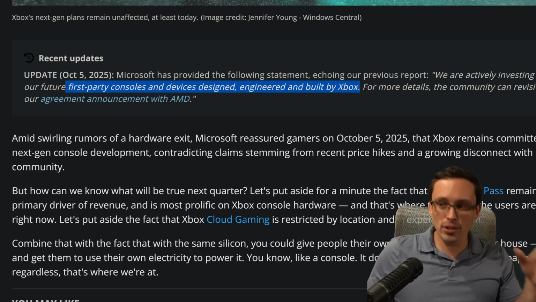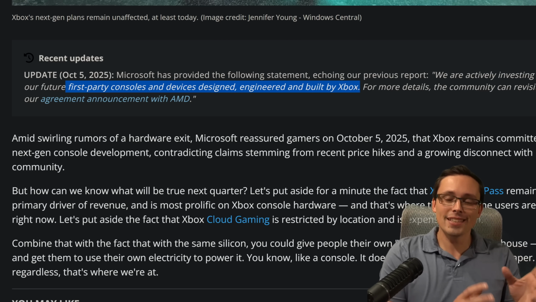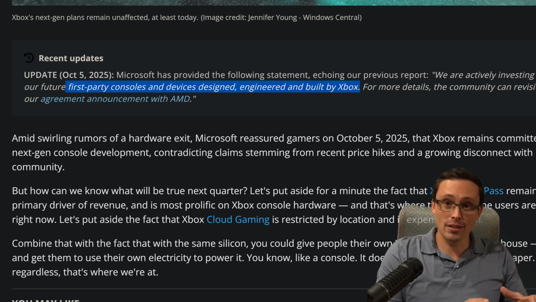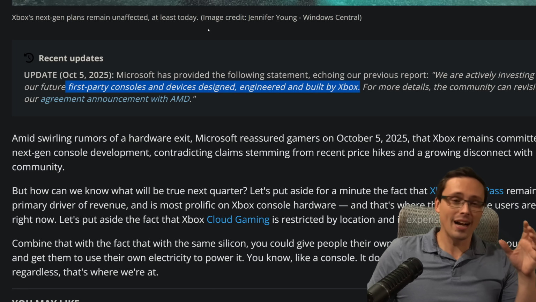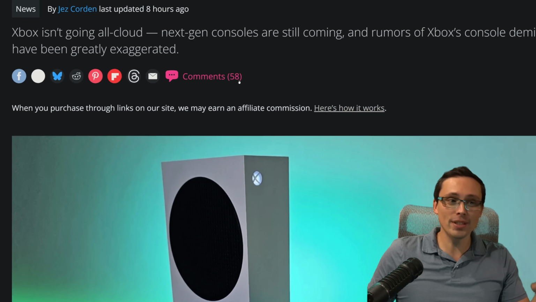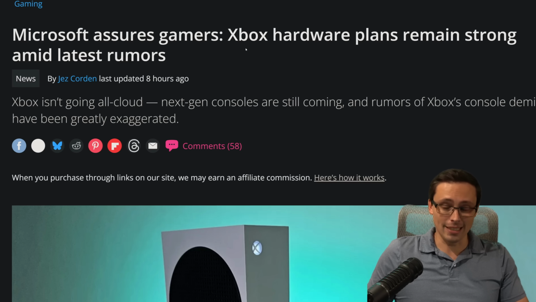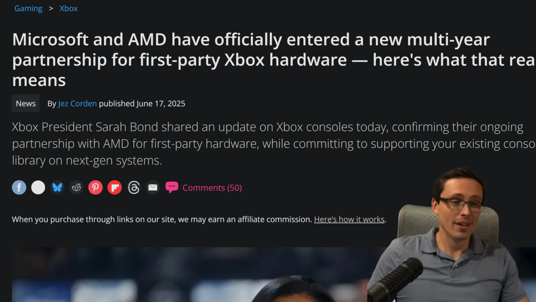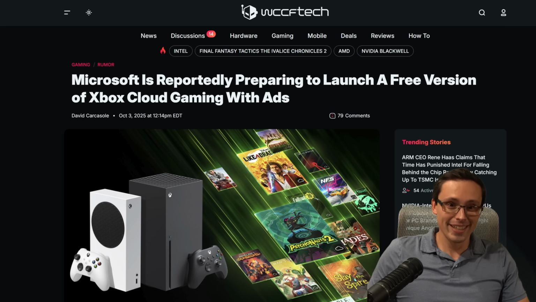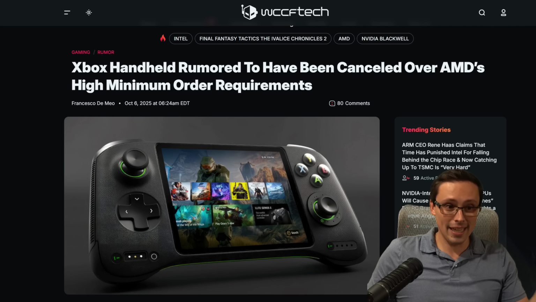I think that they could just be obfuscating what the meaning of the word console is. So I'm still not sure that this fully puts to bed the idea that the next Xbox will just be an Xbox PC. We'll have to see, though. I'm very interested in it. I'm still leaning toward that being the case.